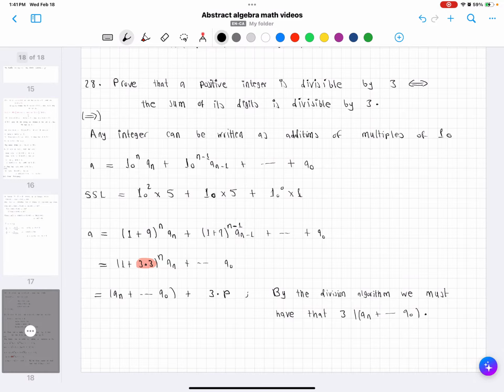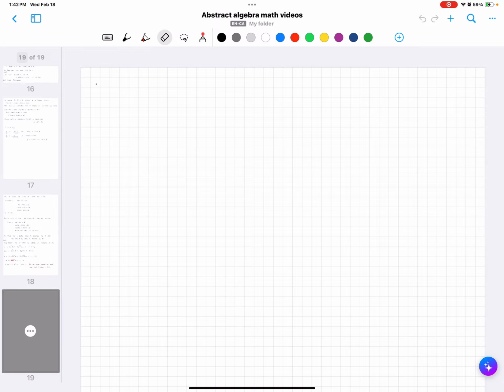Let's just expand that detail out. Since we started out with 3 divides a, by the division algorithm we must have that a is equal to 3 times s plus r, where r is between 0 and 3.